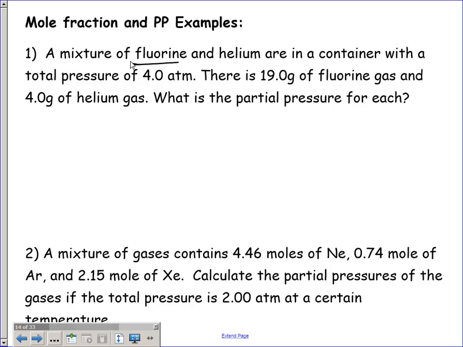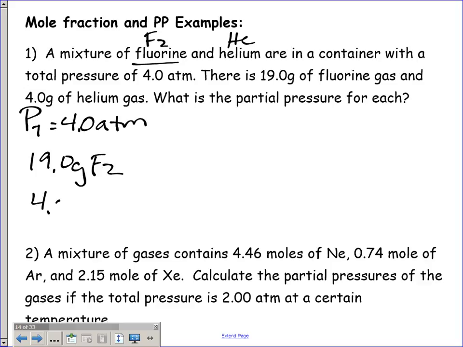F2, right? Diatomic. And helium is just He. They are in a container with total pressure. I would always be writing down my givens, and I do believe that's the most important part to start with. Total pressure is equal to 4.0 atmospheres. There's 19 grams of fluorine gas and 4 grams of helium gas. So we have our givens.